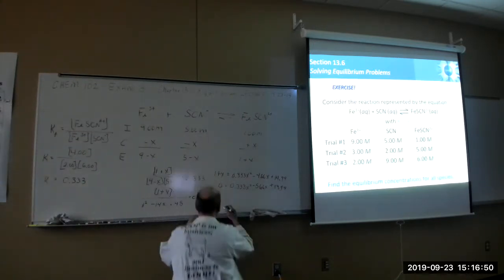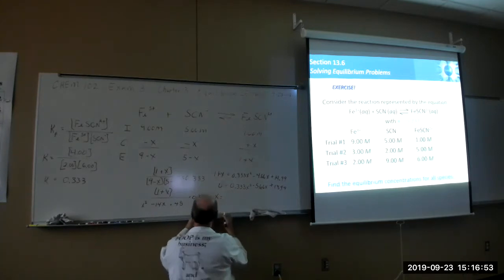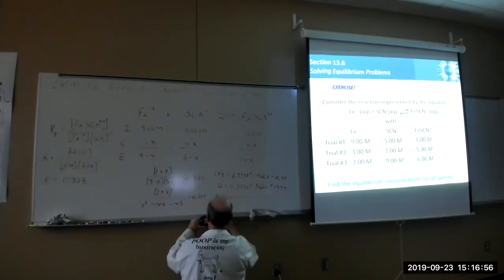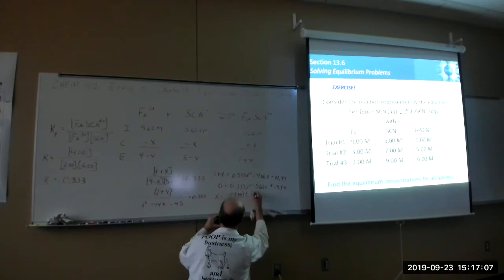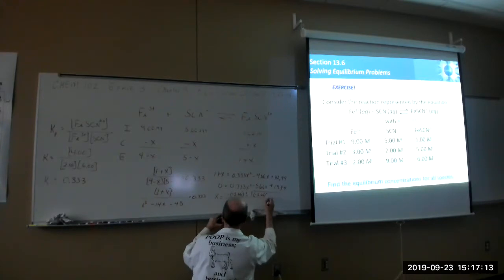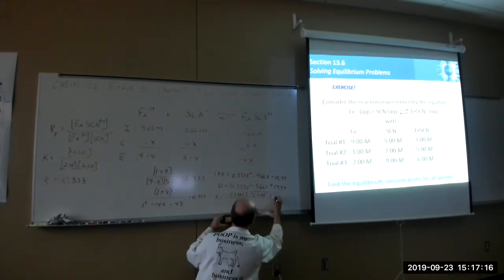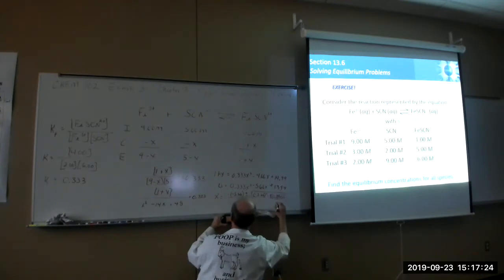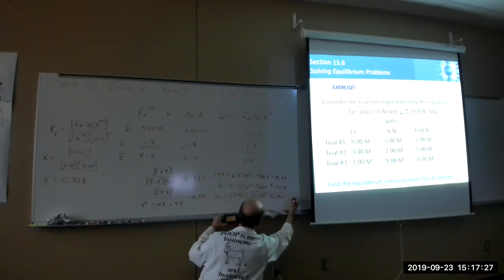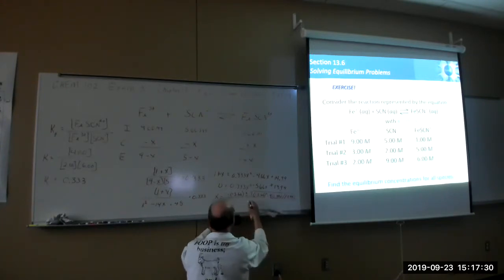So x equals minus b, so minus b, minus 5.66, plus or minus the square root of b squared minus 4 times a times c, all divided by 2a.